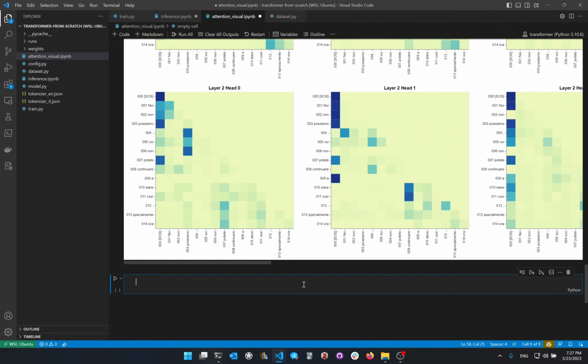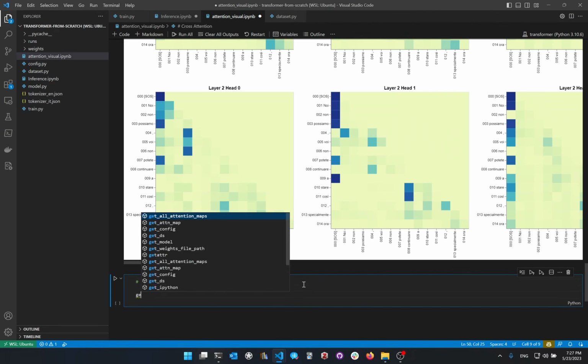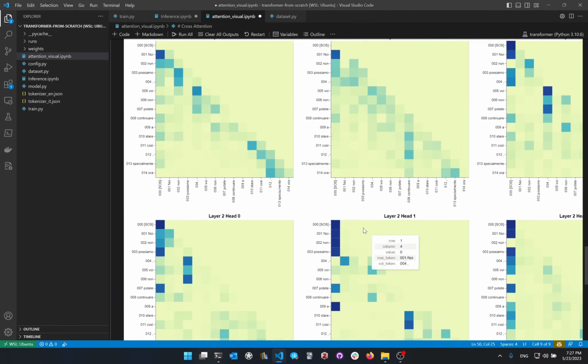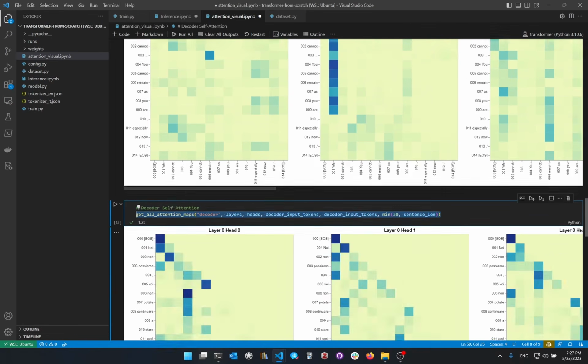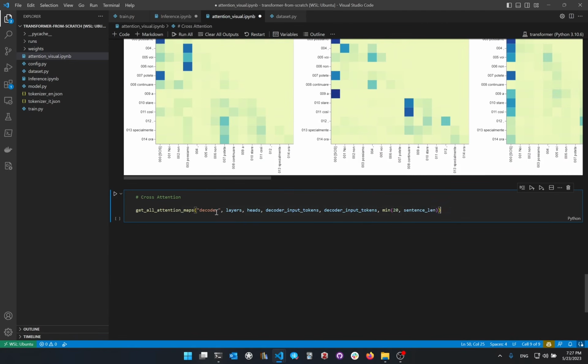So let's have a look at that. Let me copy the code and run it again. If you remember the method, it's encoder, decoder, same layer. So here on the rows we will show the encoder input, and on the columns we will show the decoder input tokens, because it's a cross attention between the encoder and the decoder.